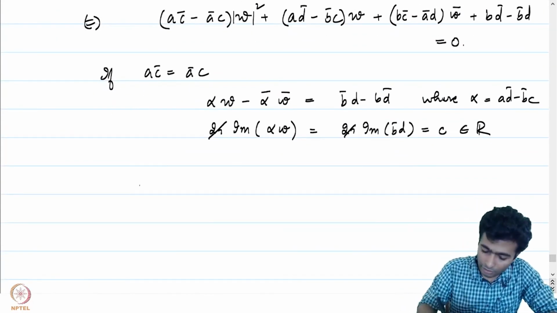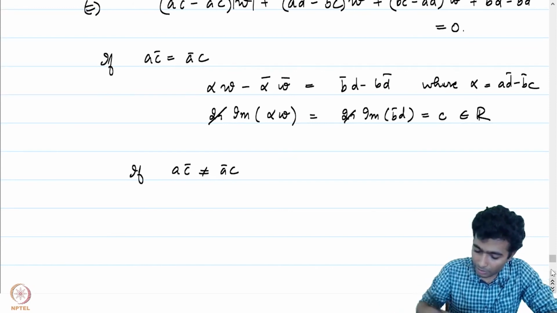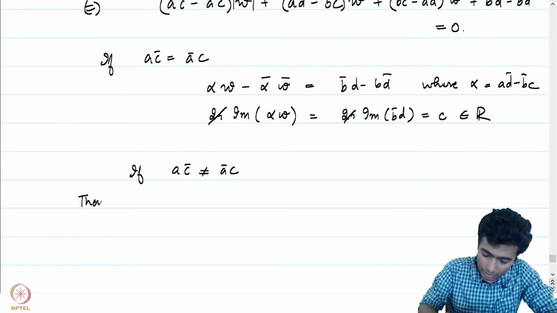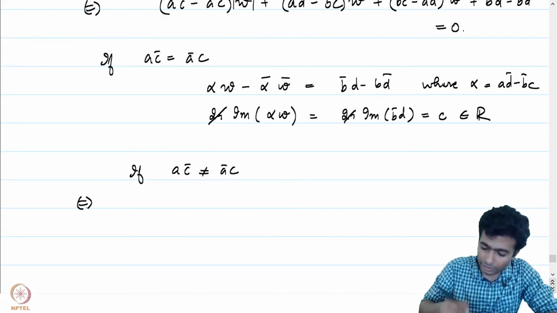So if AC̄ is not equal to ĀC, then we can divide by that number, and then if and only if, again, all these cases.